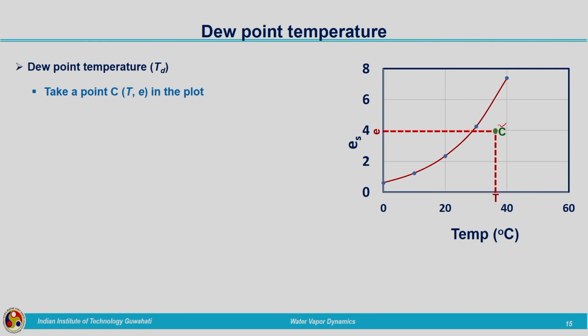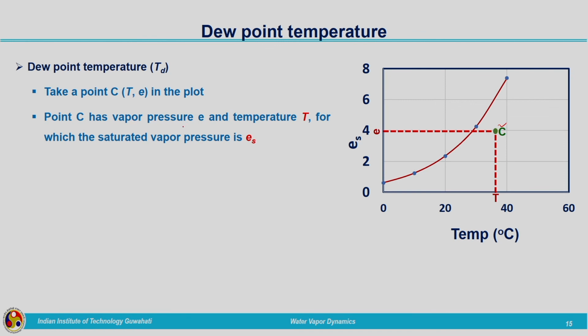Now, what will be the saturation vapor pressure corresponding to this particular temperature? For that, what do we need to do? Point C has a vapor pressure E and temperature T, for which the saturation vapor pressure is ES. How can we get that? We get ES by projecting the perpendicular from the temperature onto the curve, and then the corresponding ordinate gives the saturation vapor pressure for this temperature.